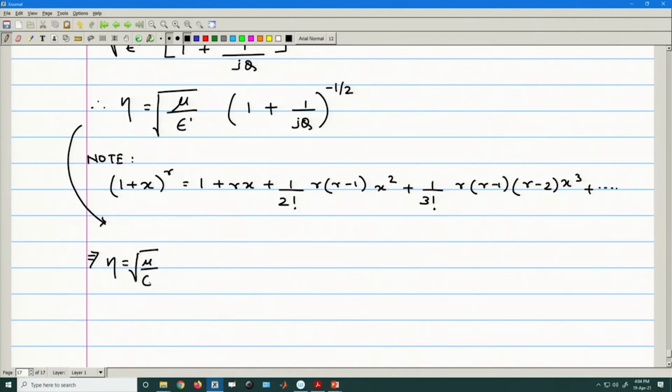mu upon epsilon prime, this one is, so the first one will be 1 plus rx, in this case r is minus half, right. So r will be minus half, x is 1 by jq. Okay.